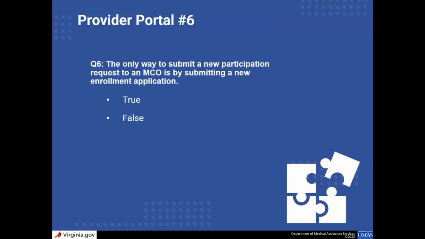MCO participation requests can be sent from the MCO network page. Question 7. All change requests for provider information submitted through Provider Portal are immediately applied. Is this true or false? The correct answer is false.